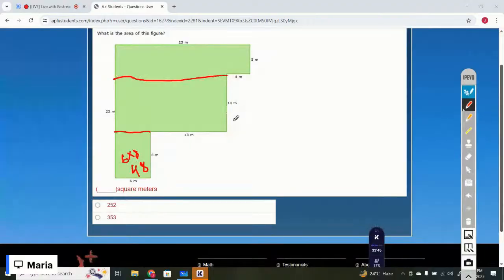For this one, 10 and 13 plus 6 is 19, because from here to here it is 6, 13 and 6, that is 19. 19 times 10 is 190. Then 23 times 5 is 115.